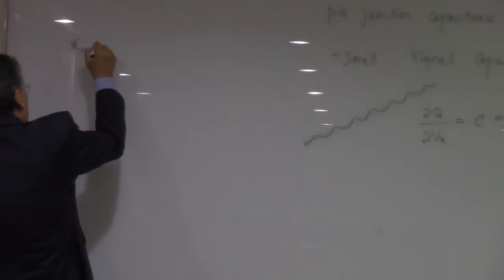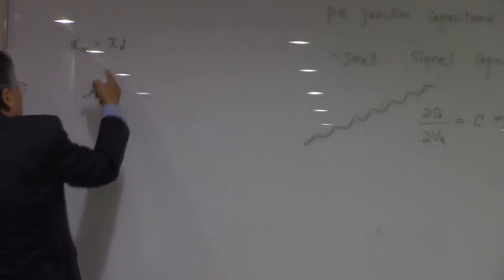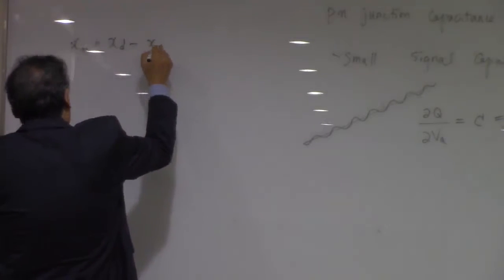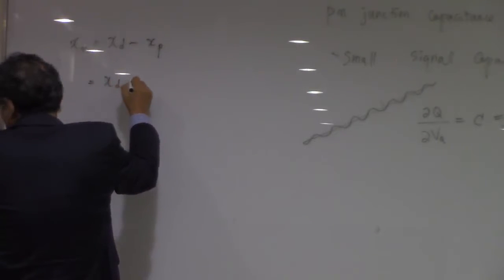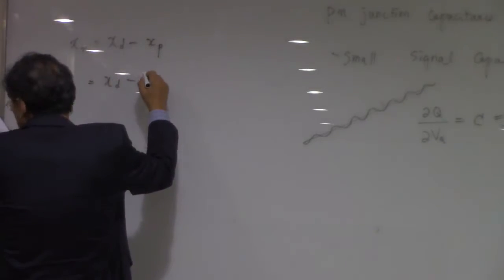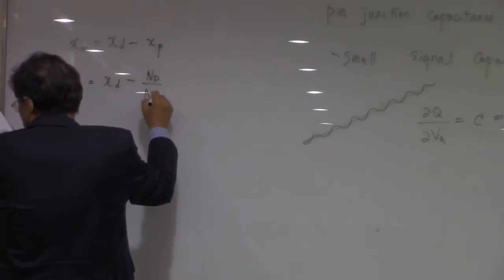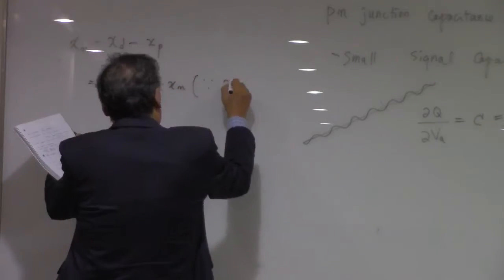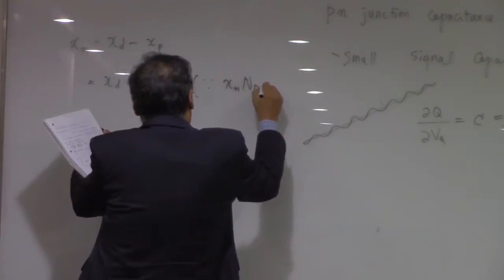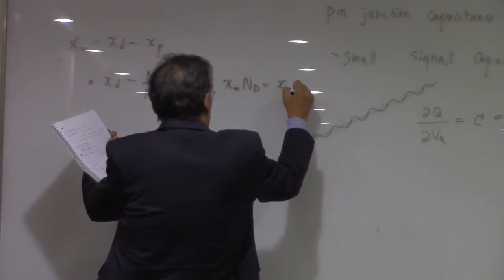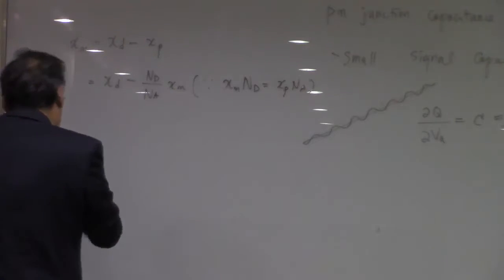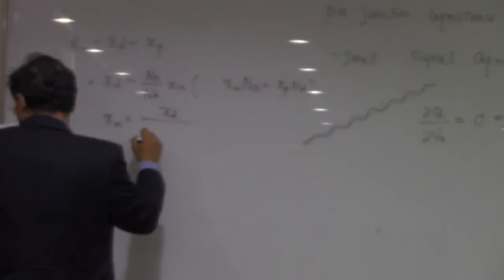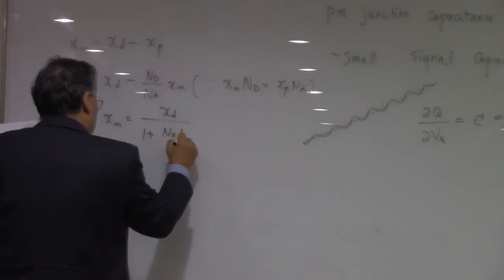As we know, the total X_d is actually the W that we just discussed, X_n minus X_p, right? And then X_d minus X_p is nothing but N_D over N_A times X_n, okay? X_n N_D should be equal to X_p N_A for the charge neutrality, all right? So X_n now is X_d over 1 plus N_D over N_A.